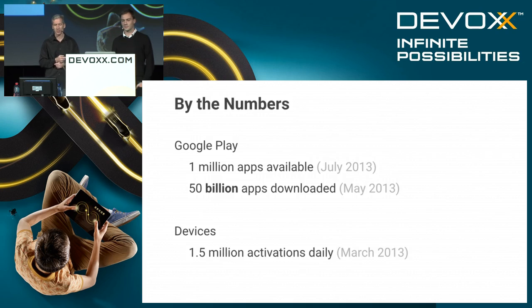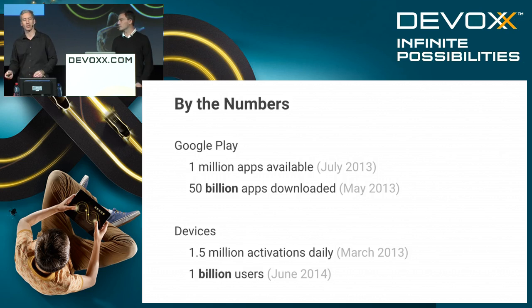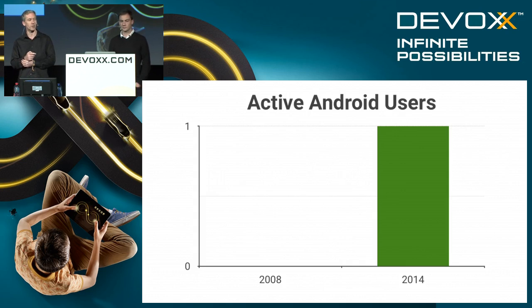On the devices side, we have 1.5 million activations daily. So this is like the new phones that are being turned on. Ton of new devices out there and over 1 billion users as of last June, which is such a big number. I thought it would help to have a little bit of data to help visualize that. So we can take a look at what the numbers were like in 2008. If you look down at that part of the graph there, that would be 0.